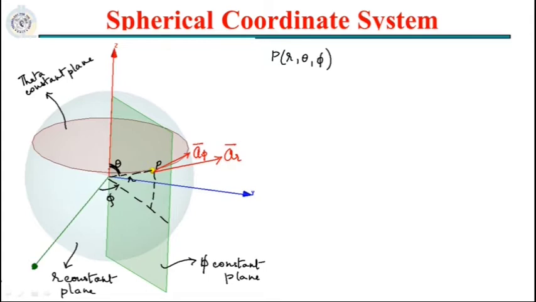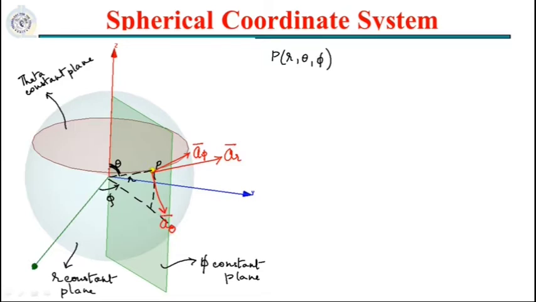Now the third one is theta. The theta plane moves with respect to the z-axis. At the positive z-axis, its value is 0 and it starts increasing. So its movement is from top to bottom. If this theta value had to increase further, it would go downward. So a theta bar in this case will be in this fashion.